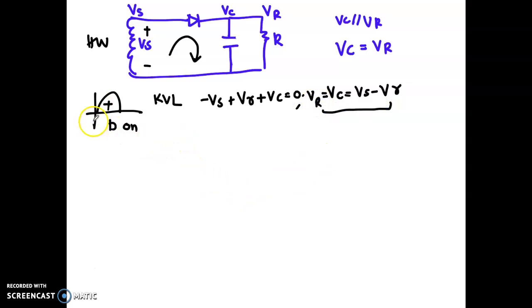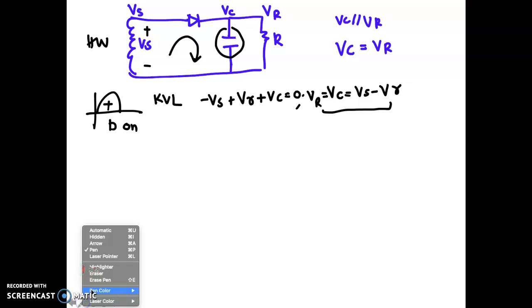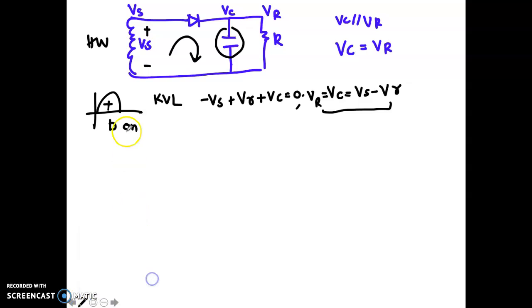Now we want to see what is the role of this capacitor inside this equation. So let's see slowly what will be the output from the capacitor. When you have the positive cycle, your Vs is moving from one point to another. So here you have Vs, and here you have Vc equals Vs minus V gamma.